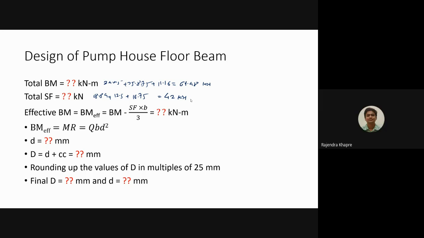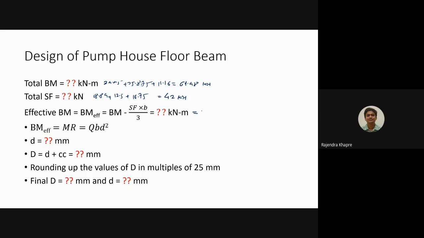Okay, so now this is the combined effect of everything. Now we can calculate the effective bending moment, because this is a D kind of a shape, and because of that some load will be slightly reduced. So the effective bending moment will be bending moment minus shear force into width of the support divided by 3.